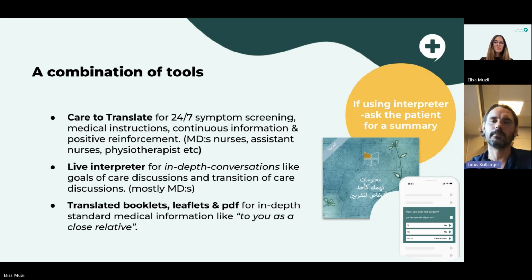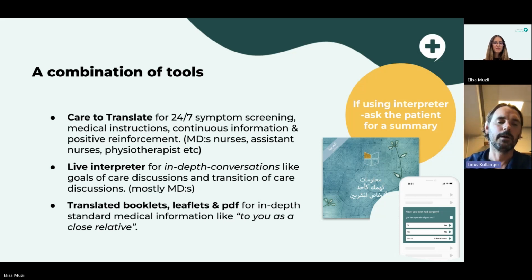In Arabic, it's maybe 20 interpreters in all of Sweden that are medically trained, and there are thousands of interpreters whose backgrounds are quite different. They could be good interpreters, but sometimes they miss. They don't know the word or the meaning of different words. So you need to make sure that the patient understands what you said. So ask the patient for a summary.